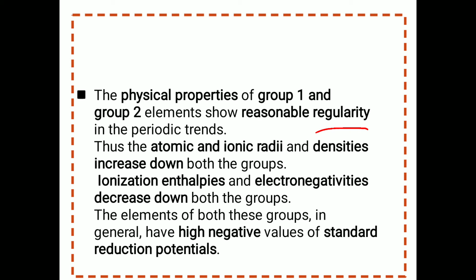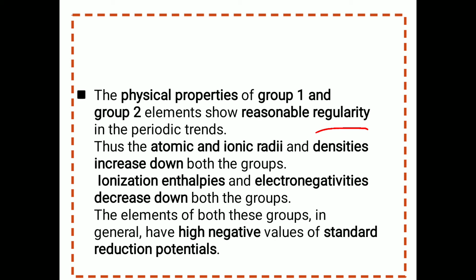That means most properties are similar in group 1 and group 2, as we already studied that both groups are metals and electropositive. Thus the atomic and ionic radii and densities increase down both groups.